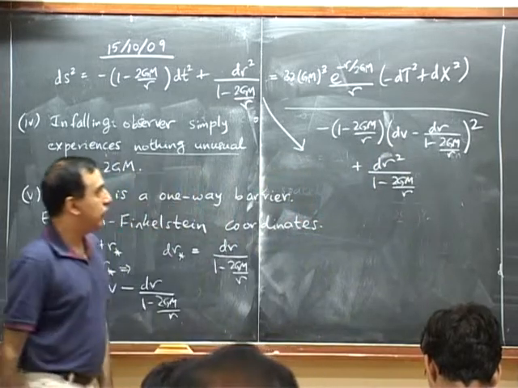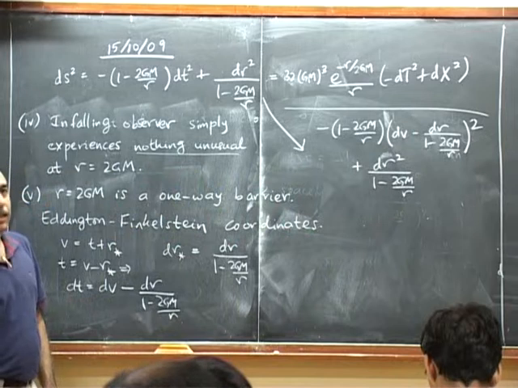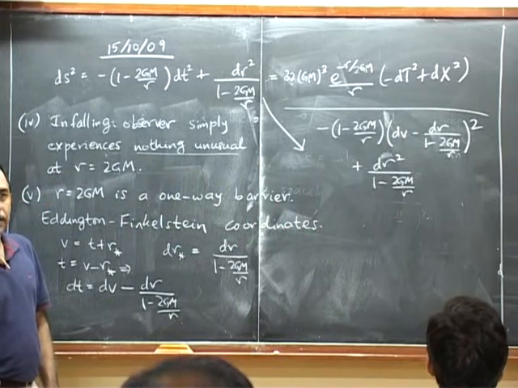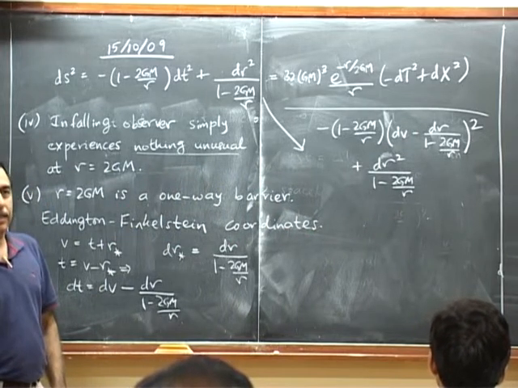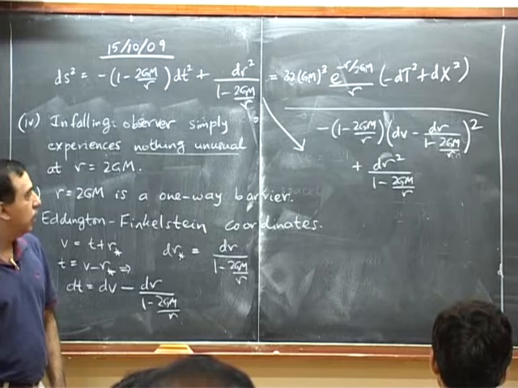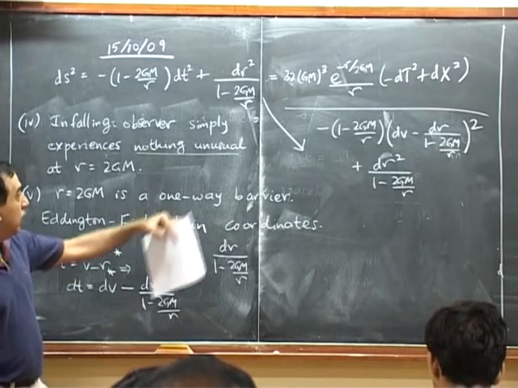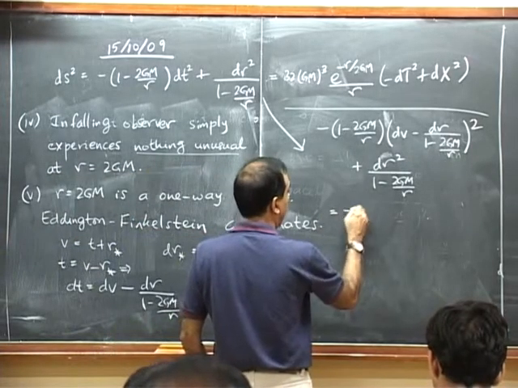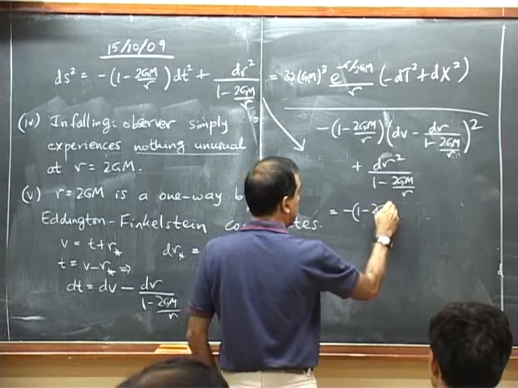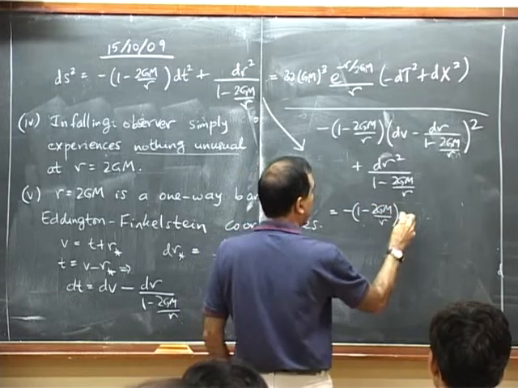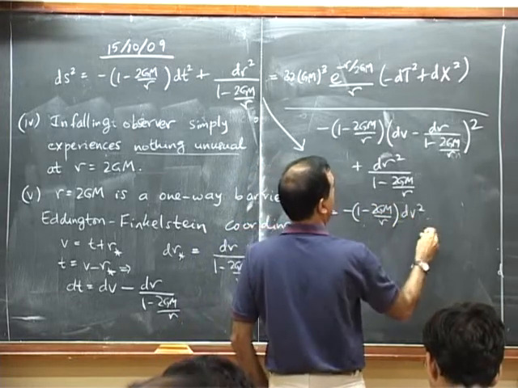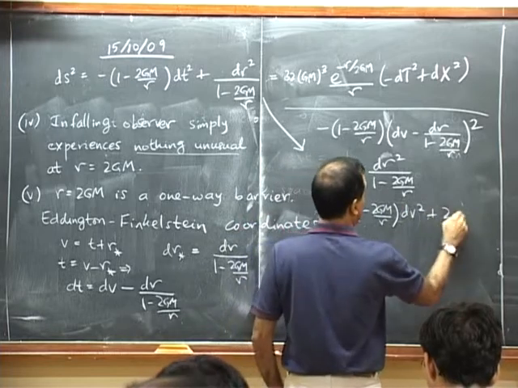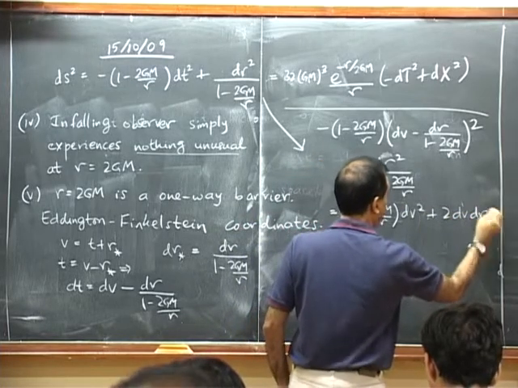Now what can you see by inspection of this expression? Something cancels. The dr squared term actually cancels out. So it's quite a simple transformation. The end result is that dr squared cancels out, and so we get minus 1 minus 2GM upon R dv squared plus 2 dv dr.